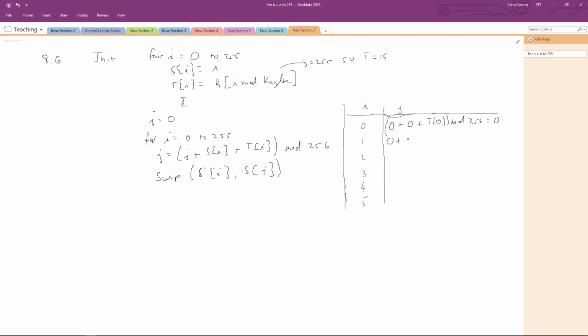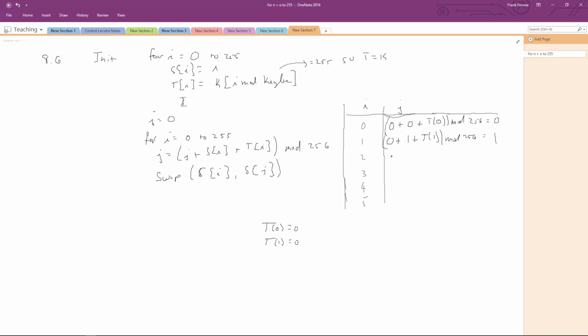Well, now i is 1, so this is going to be 1, plus T sub 1, all of this mod 256, and we need this to equal 1. Okay, well, we have 0 plus 1 plus T1, so we can say that we need T1 to be 0. So we can make another table down here: T0 equals 0, T1 equals 0. Okay, so let's continue.